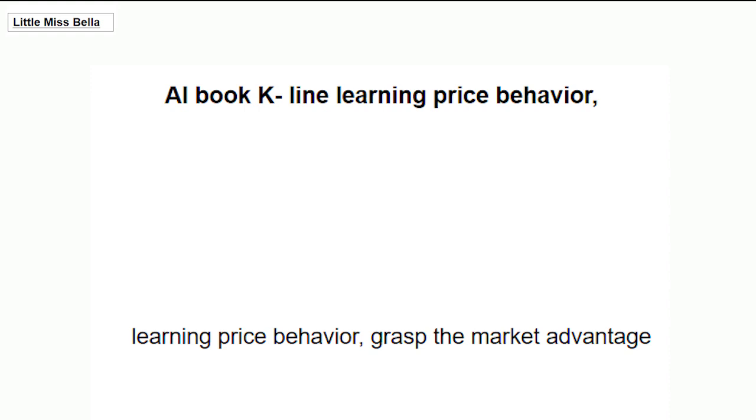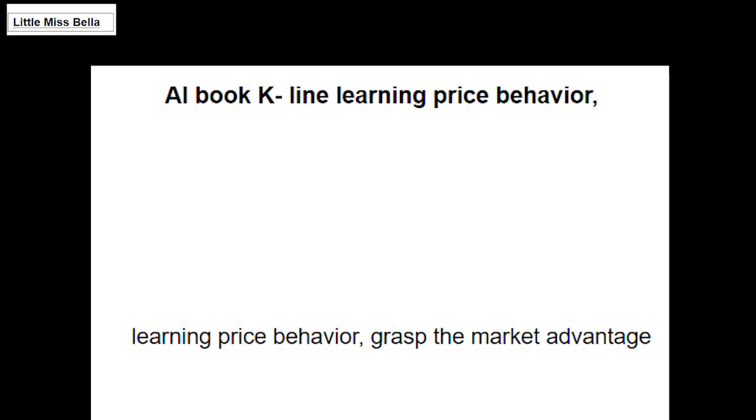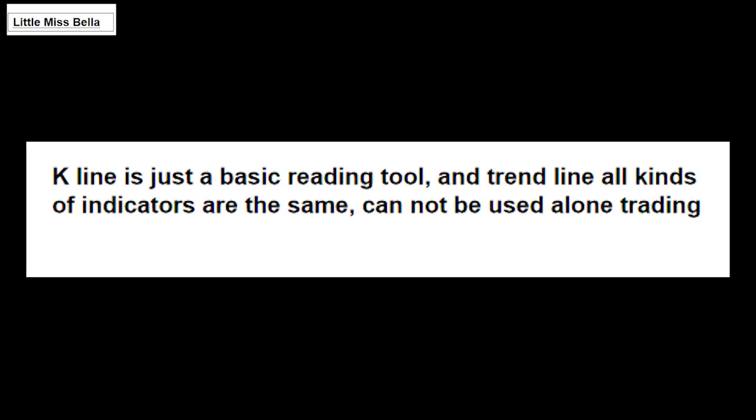In the next video, I'm going to update my tutorial on trading ranges, but before I do that, I want to emphasize that counting K-lines is just a basic chart reading tool. It's not some sort of trading trick, and it's not some mysterious way to learn how to trade straight away and make money, just like trend lines. It's very simple to define trend lines, and you can draw them any way you want.